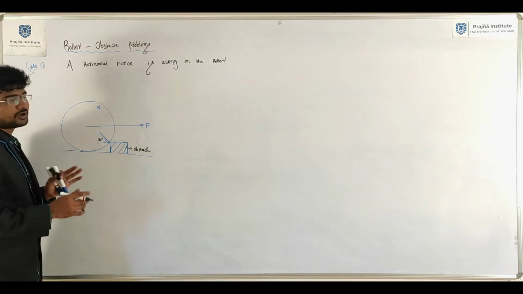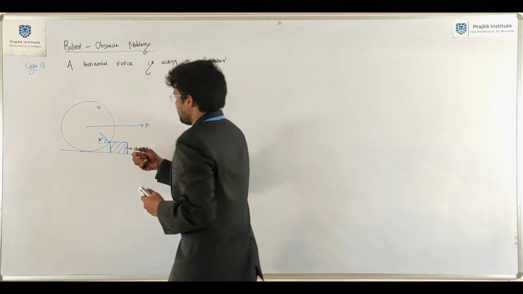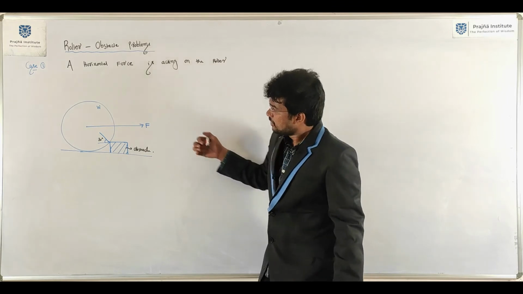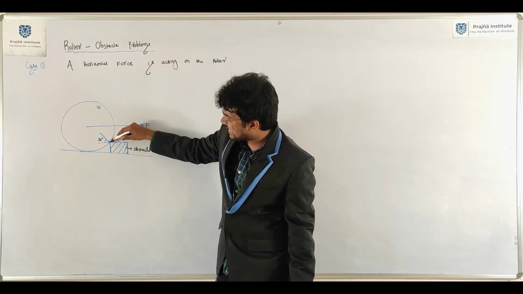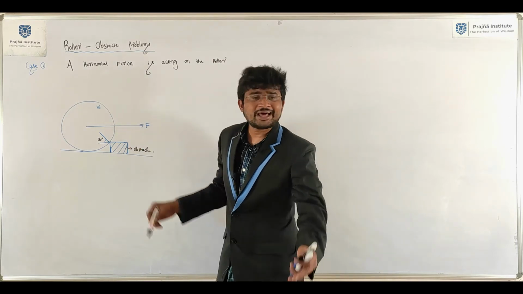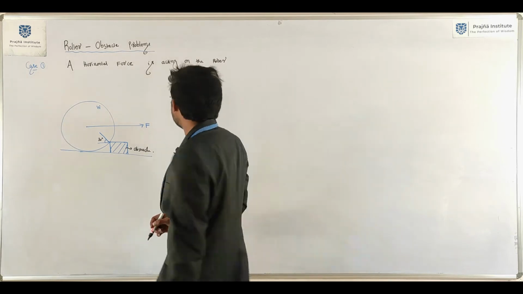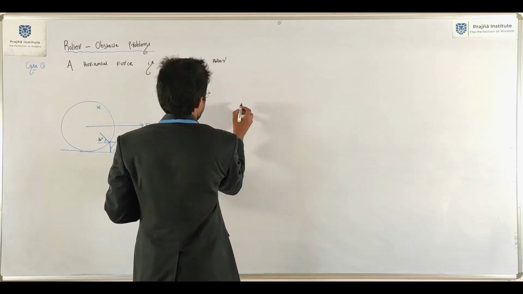Now, weight of the roller is W. You are trying to pull it up, you are trying to pull it like this. Then the total roller will be coming in contact with the contact point. In that case, roller will be in the air. Correct? So now we need to draw the free body diagram for the roller.